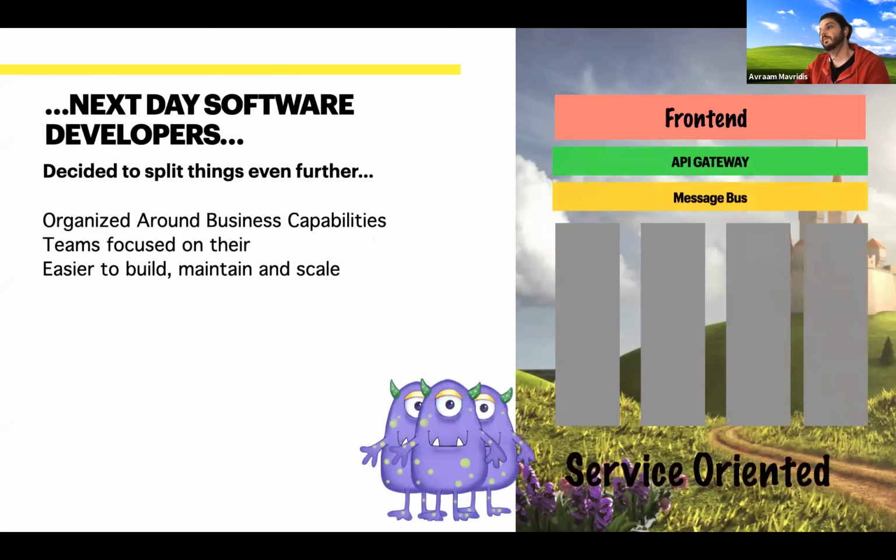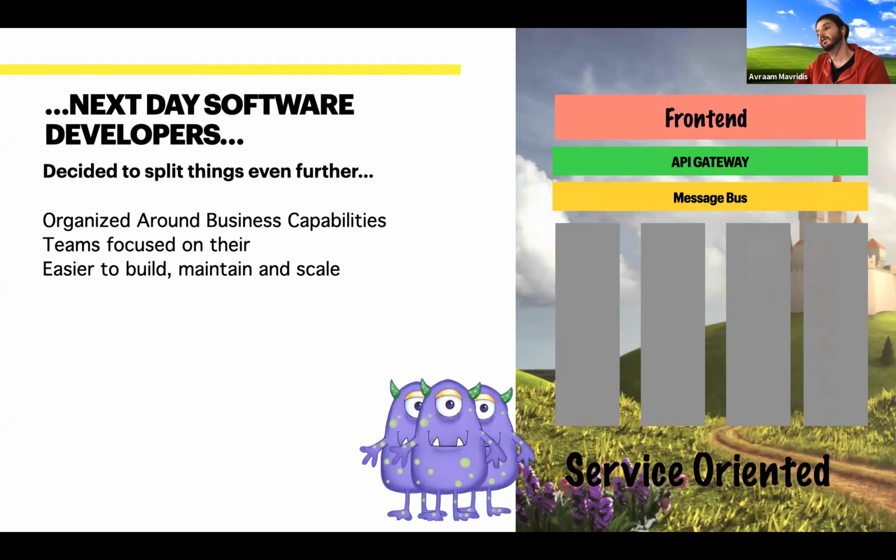And we came up with a new architecture style and a new monster that we call service-oriented architecture. The idea was to split the business logic into logical domains that have very clear boundaries.